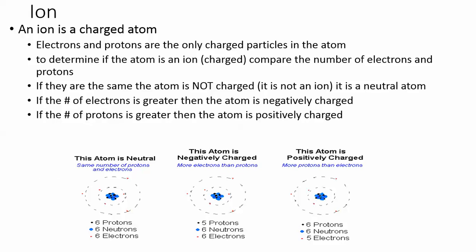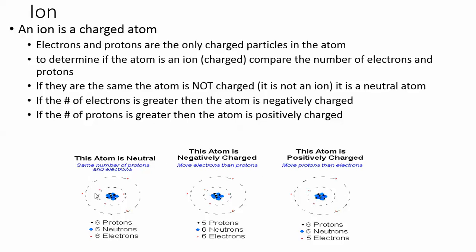If the number of protons is greater than the number of electrons, we have a shortage of electrons, then the atom is positively charged. Protons are positive, so if we have more protons, we are positively charged, or a positive ion.